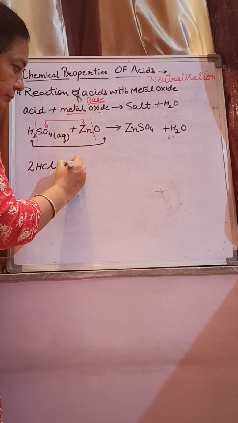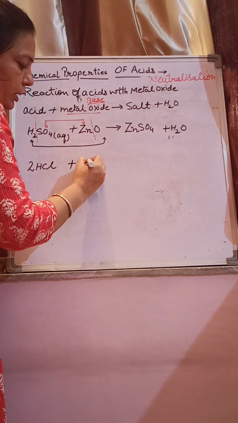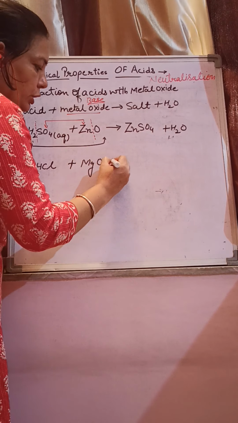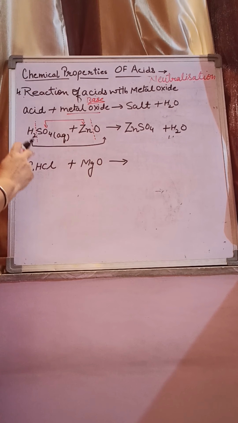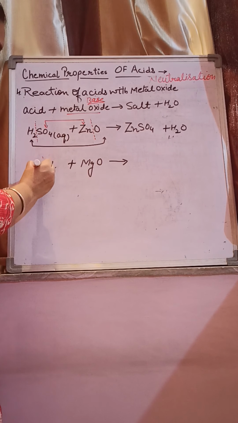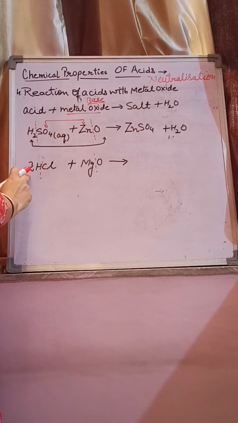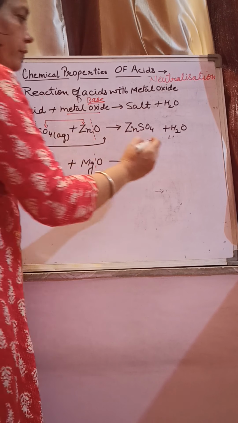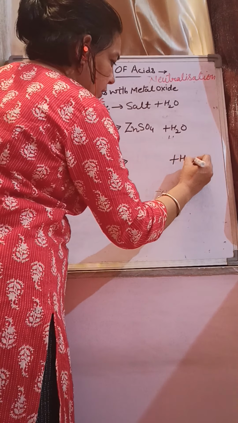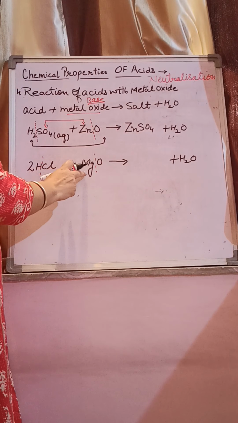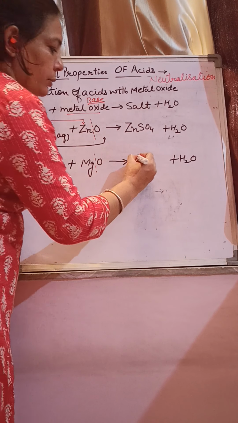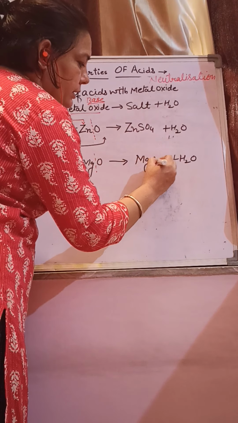Hydrochloric acid plus, you can take any metal oxide, magnesium oxide. Again the same trick, divide it into two parts. H2 and O, water will be released, and what would be the name of the salt? Mg and Cl2, magnesium chloride is formed.